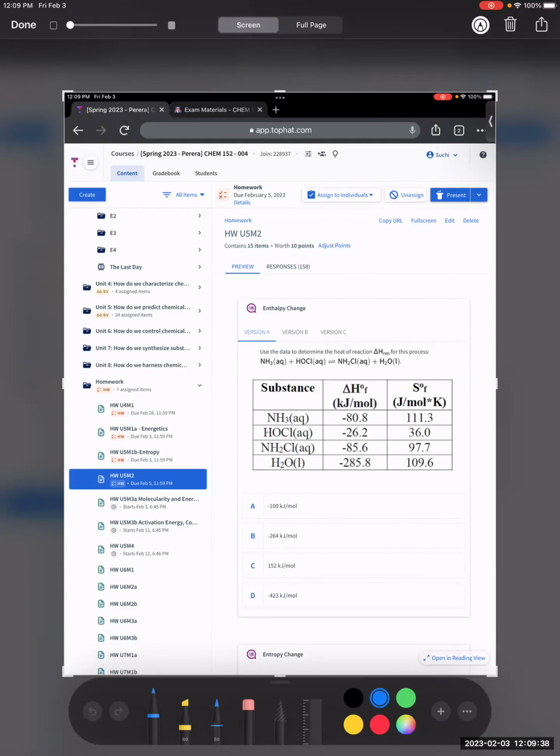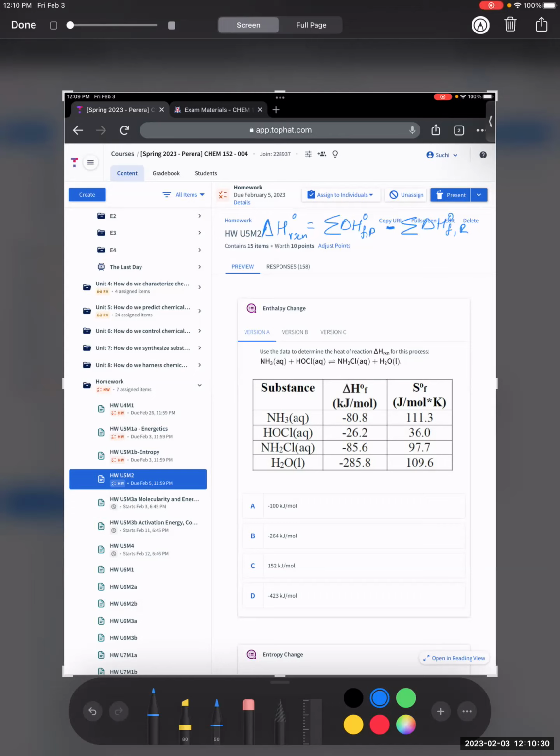Okay, so now when we calculate delta H reaction from this given data, what we need to know is that delta H reaction is the sum of standard formation enthalpies for the products minus the sum of standard formation enthalpies for the reactants.